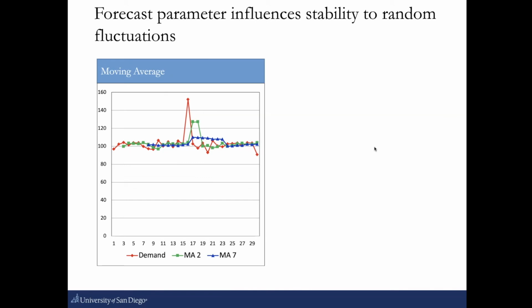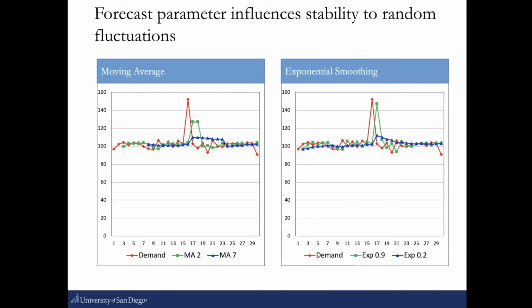So let's take a look here, right? We see that the green line here is MA with n equal to 2 and MA with n equal to 7 for the blue line. So the green line becomes a lot more responsive than the blue. So in this case, you don't really want n to be low because it gets too responsive. You want the n to be high so that you average out these spikes that you see in the demand.